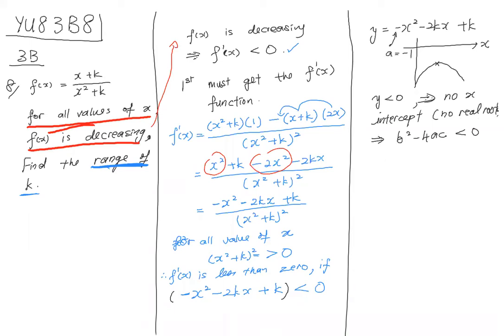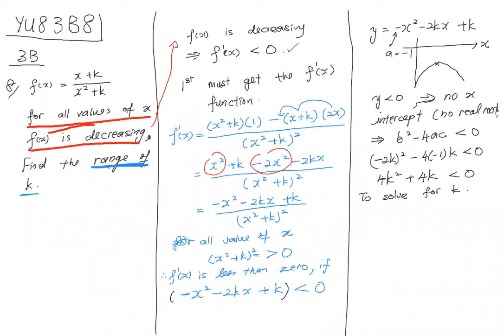So my b is negative 2k, squared, minus 4, a is negative 1, k is less than 0. So this is 4k squared plus 4k is less than 0. All right. So now to solve this inequality for k, what we do is draw a sign diagram.